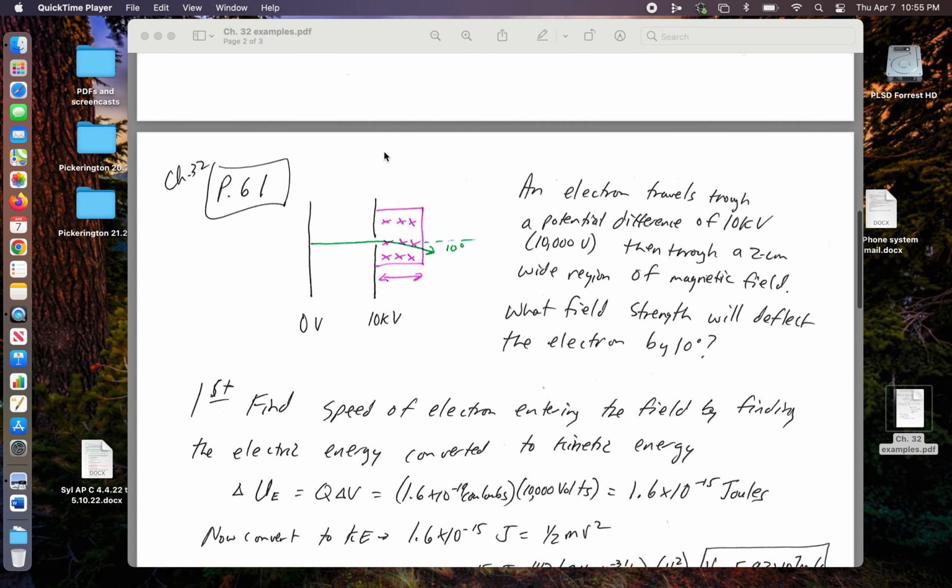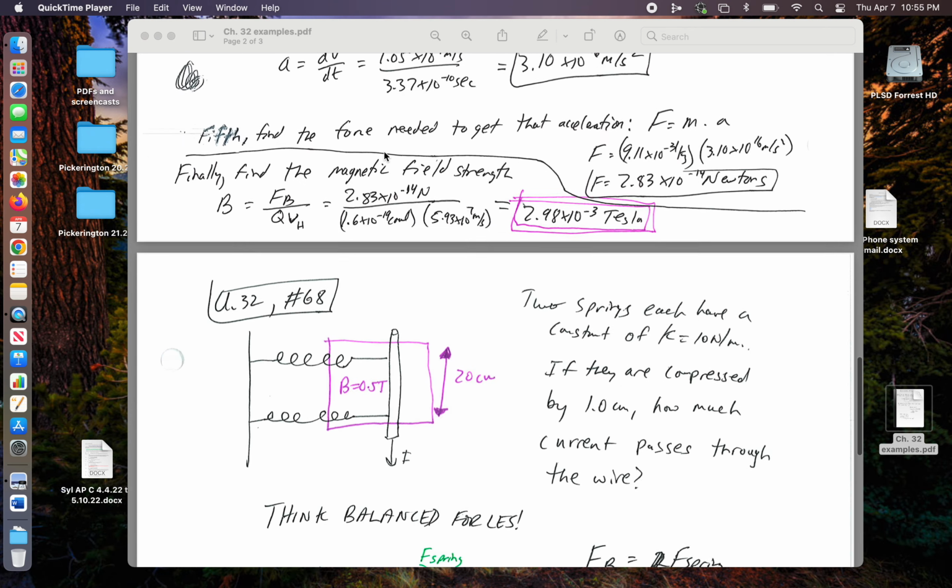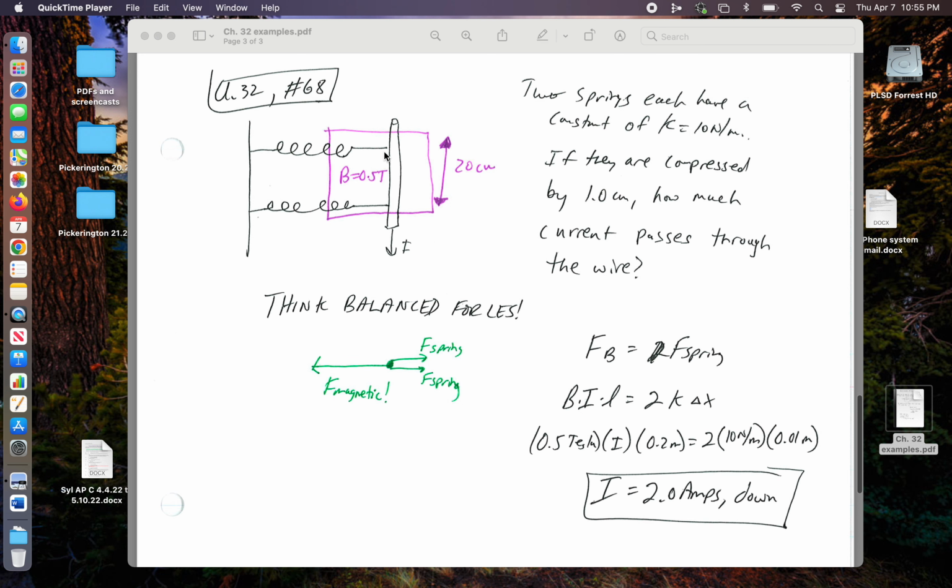If I look at this, I'm going to go to problem 68 because I think it's more like the ones that we would have. In this case, you've got 2 springs, and they're holding onto a wire that's going vertically here. And there's a 20 centimeter block of magnetic field that's 0.5 Tesla.